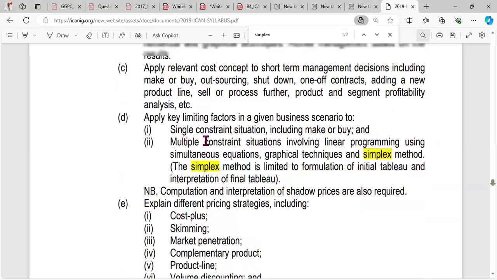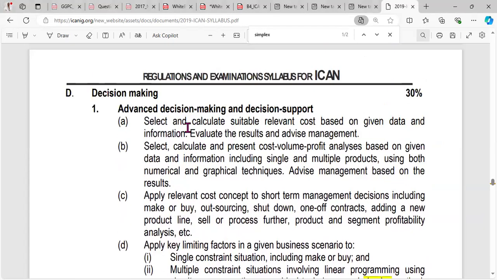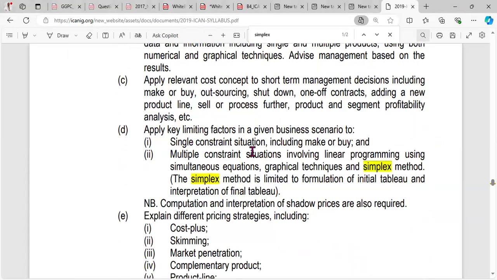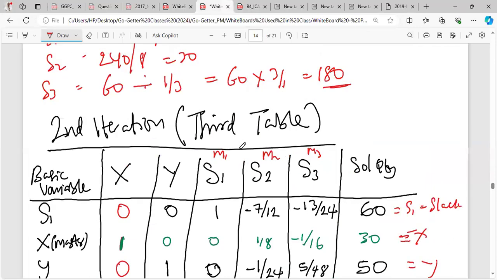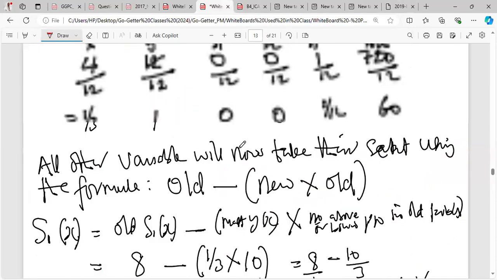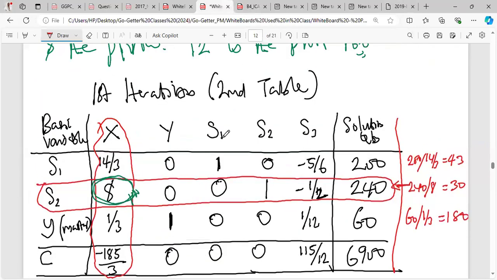So you see here, in your decision making, you are going to apply linear programming involving simultaneous equations, which we did before, graphic techniques, and the simplex method. We've done all that. But the note here is the simplex method is limited to formulation of the initial table.